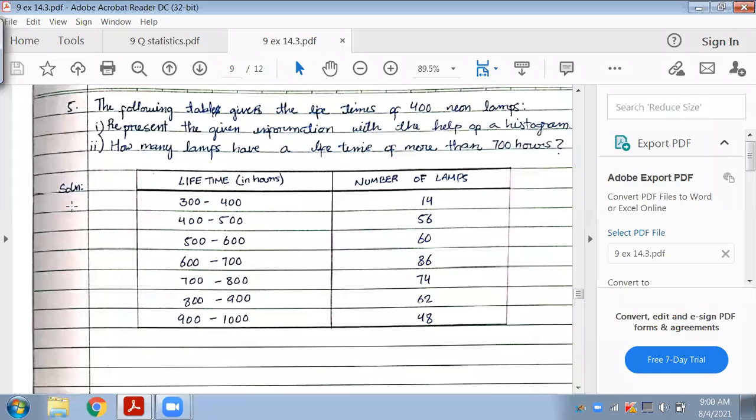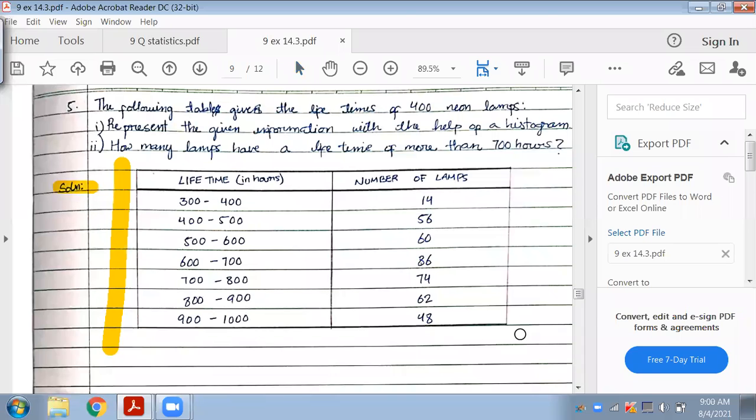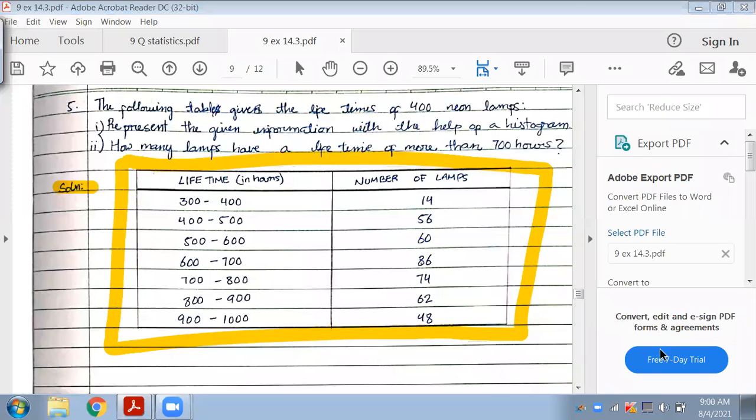So in the solution, first you have to draw the table in the rough page. So draw the table in the rough page, and once you're done, you can raise your hand. Draw the table in the rough page on the right side, and on the left side, we're going to draw the graph. So first draw the table.